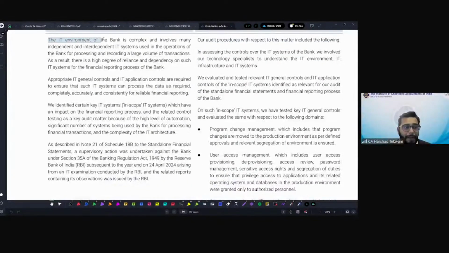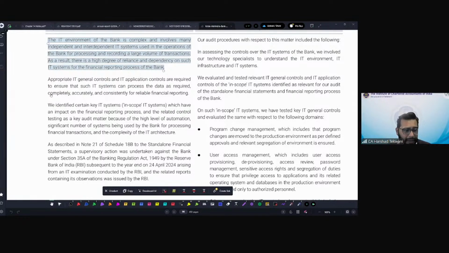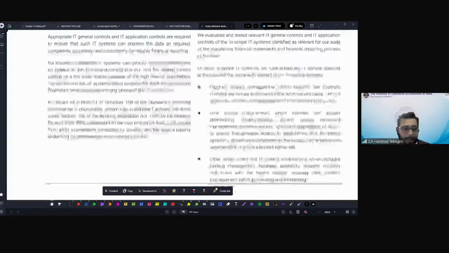The IT environment of a bank is complex and involves many independent and interdependent IT systems used in operations of the bank for processing and recording a large volume of transactions. As a result, there is a high degree of reliance and dependency on IT systems for the financial reporting process of the bank. They have provided everything. Plus, see this one.